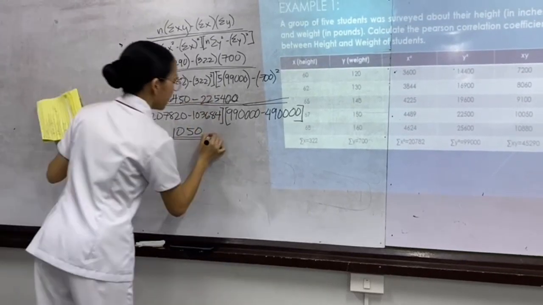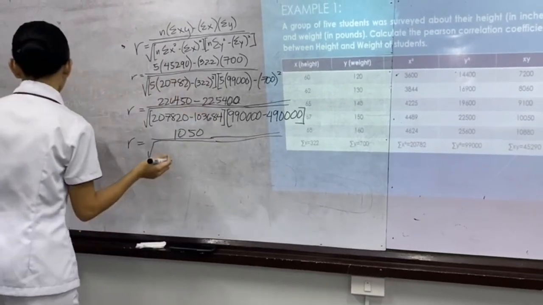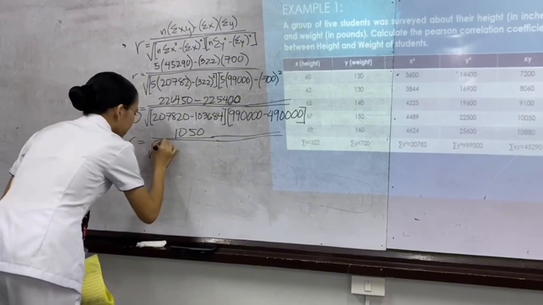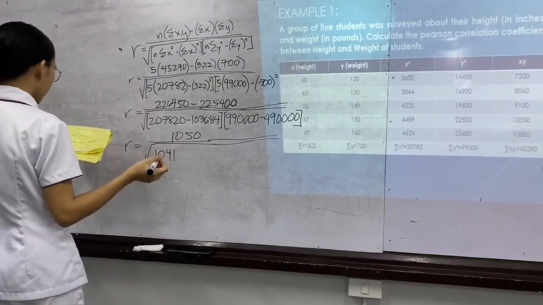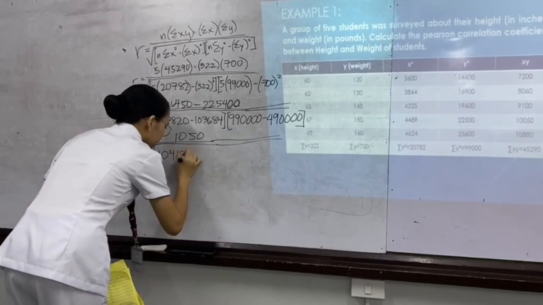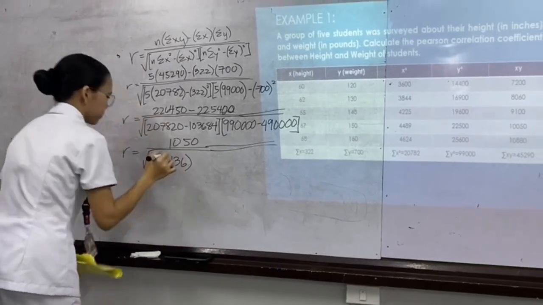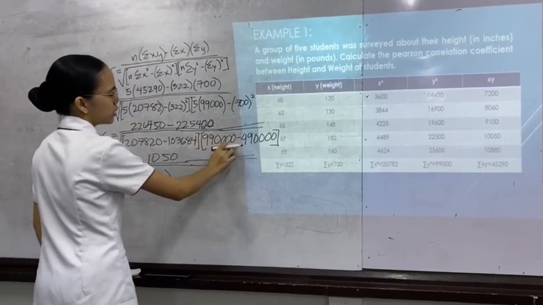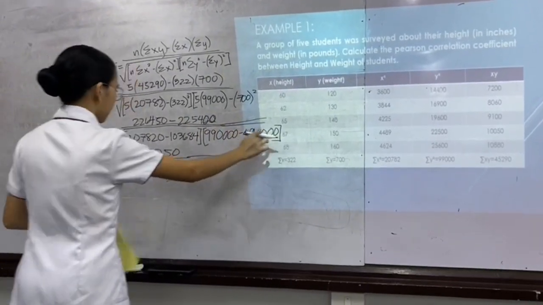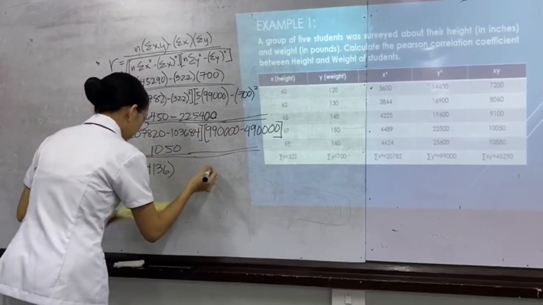And we will get 104,136. And we will now subtract 990,000 and 490,000. And we will get 500,000.